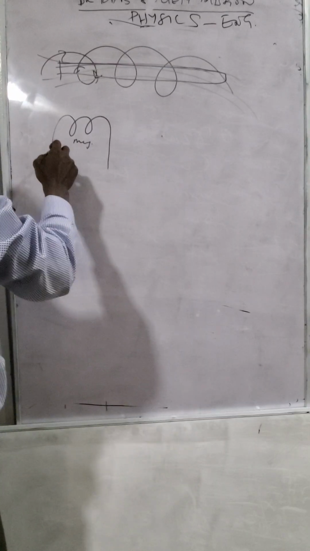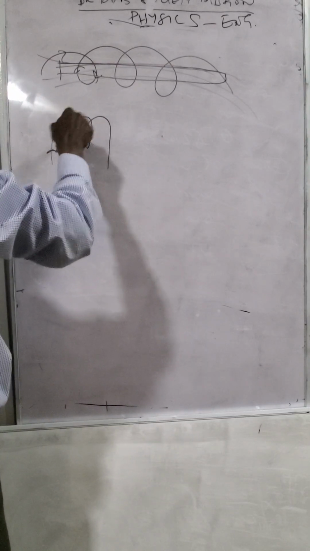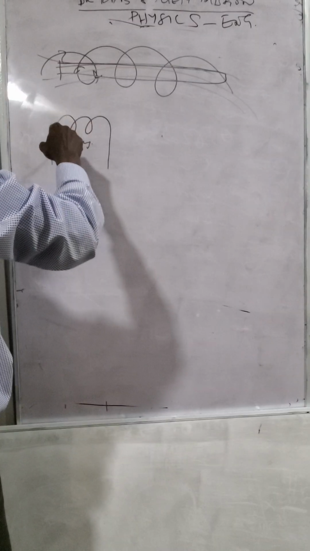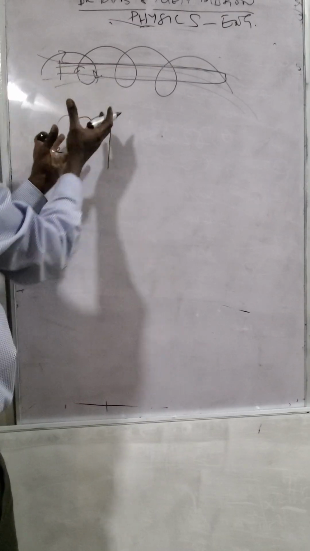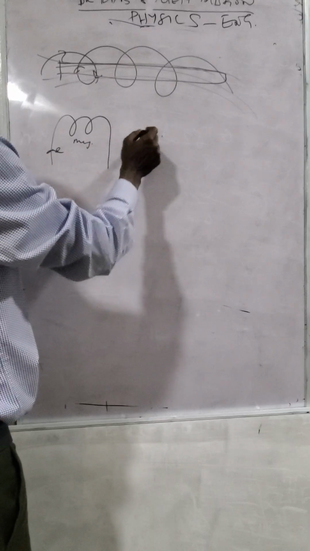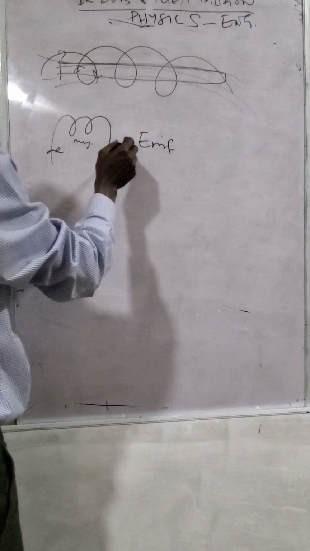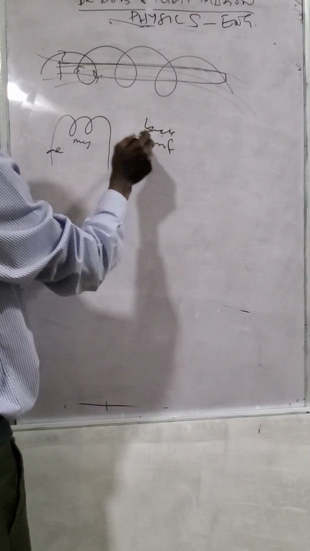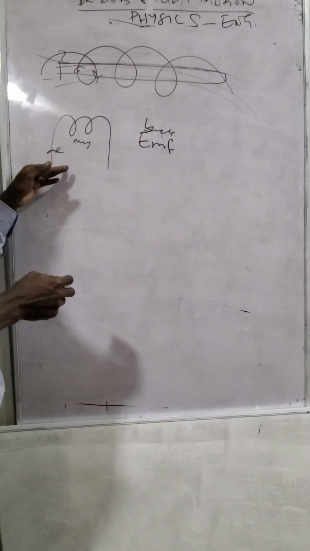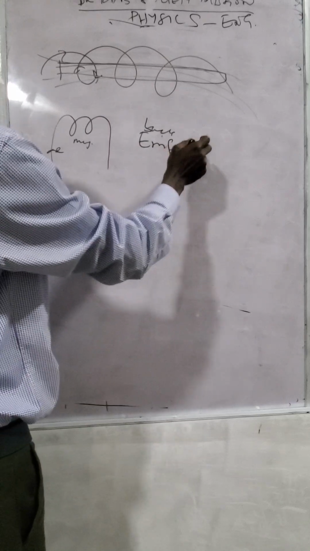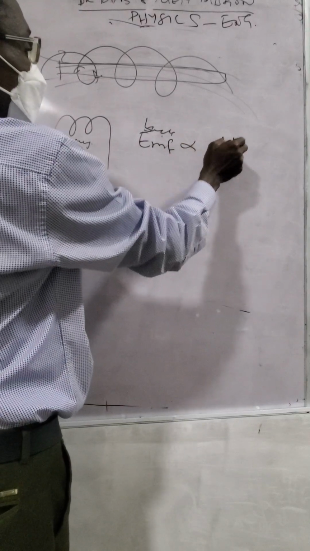Right. Now it's as a result of the electrons moving that a magnetic field is set up. Their movement is converted to a magnetic field. So the EMF that is set up is what we call back EMF. It's called back EMF because it tends to oppose the one which was inducing it, and that is proportional to the rate of change of current.